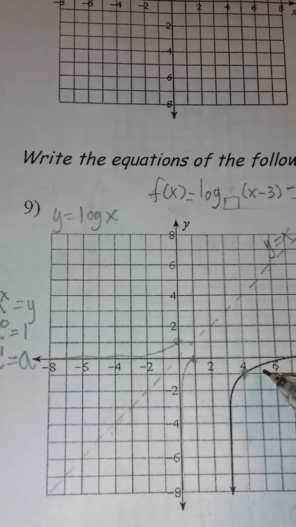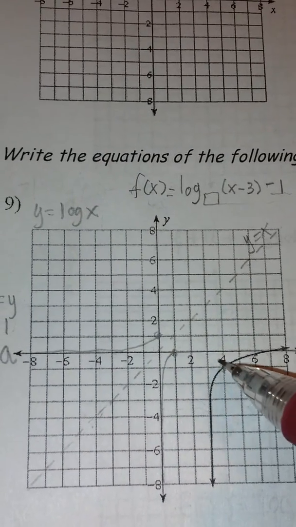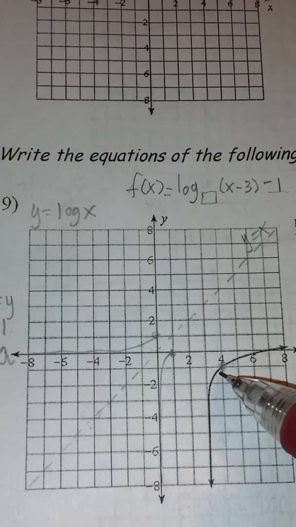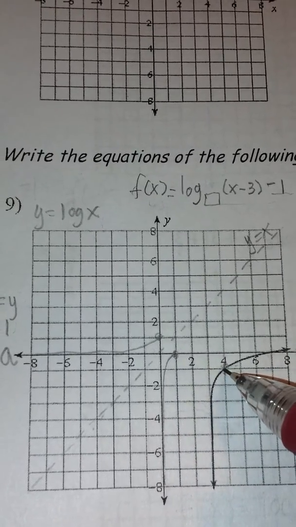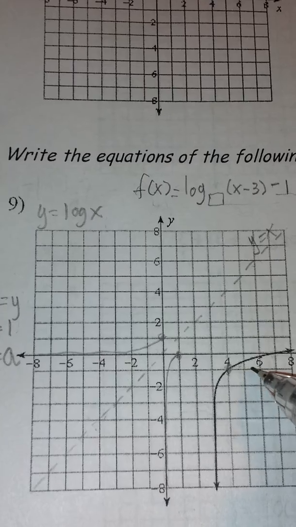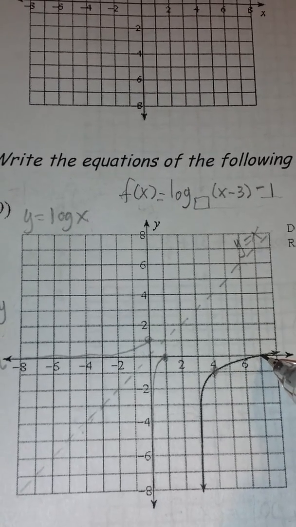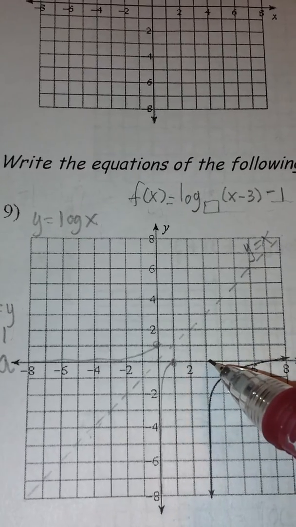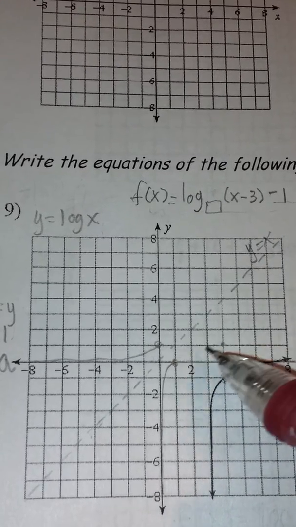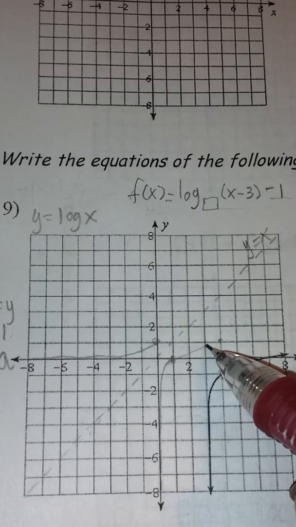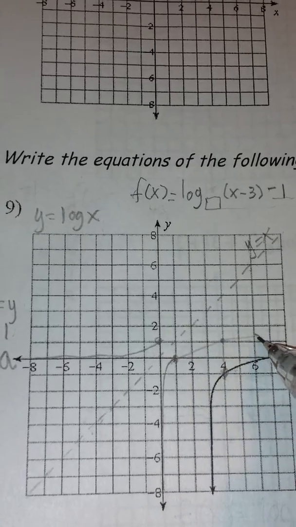Now let's take a look at this graph right here. It has gone from this (1, 0) over 1, 2, 3 before it crosses the next line up. So we're going to go 1, 2, 3 and cross this line over here to try to keep the shape of this graph.